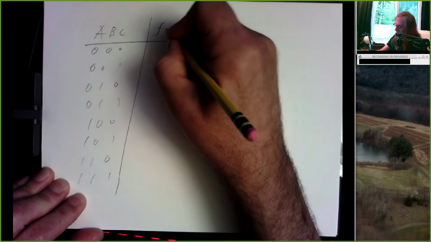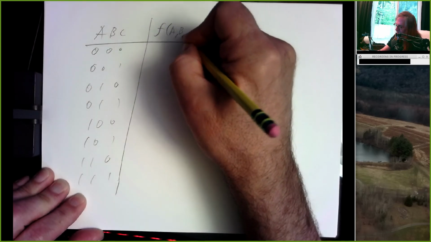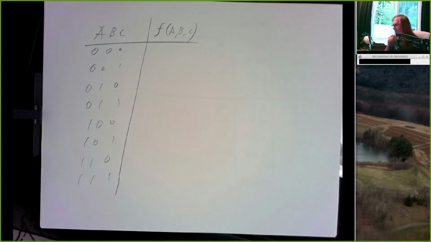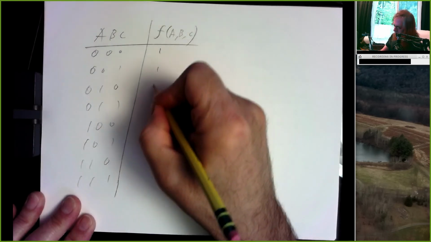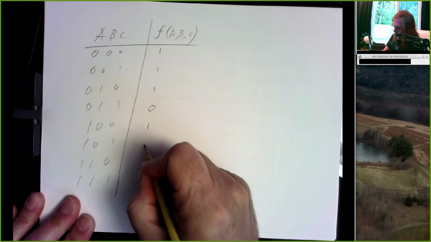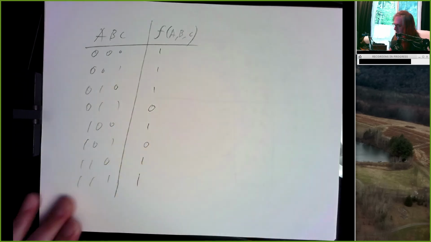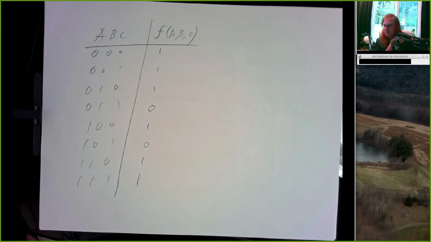And let's imagine some output function f of ABC. And let's suppose this is what our truth table looks like.